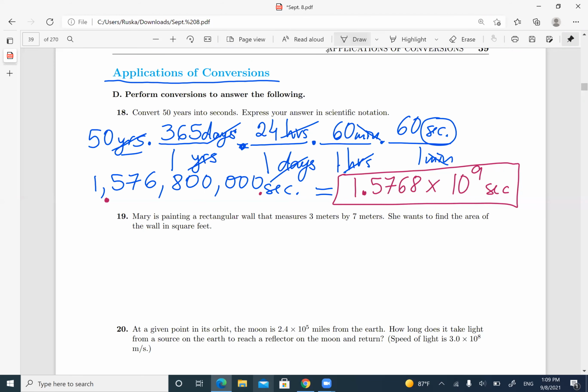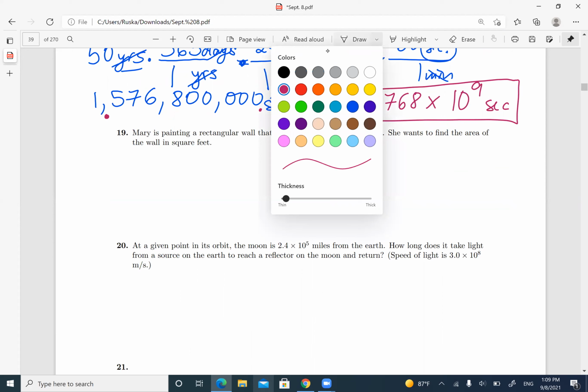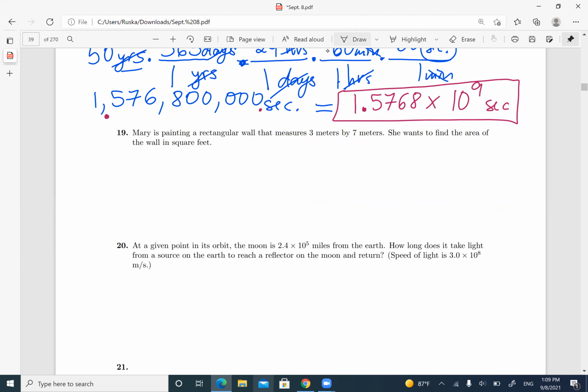Okay, so then you're going to number 2. Mary's painting a rectangular wall that measured 3 meters by 7 meters. She wants to find the area of the wall in square feet. So here we need to change meters to feet, and you have to find the area, of course.